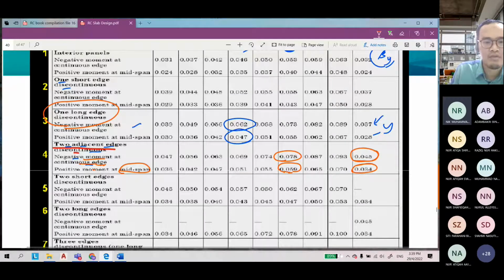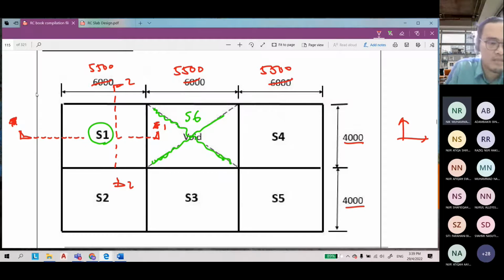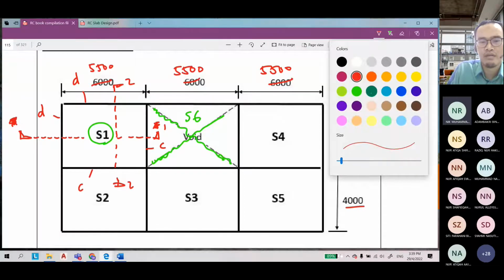We refer to this table for the coefficient of bending moment. This edge is discontinuous, this is also discontinuous, and you have continuous to slab number 2, and continuous to slab number 6.